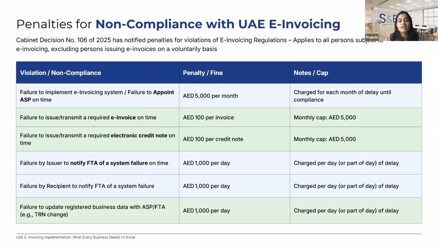Now, there is a mandate, which means it is compulsory to adopt e-invoicing. Now, the question is, I'm not in a hurry, I want more ASPs to be listed. It is not just the work of an ASP individually to bring you to a place where you are compliant with e-invoicing.